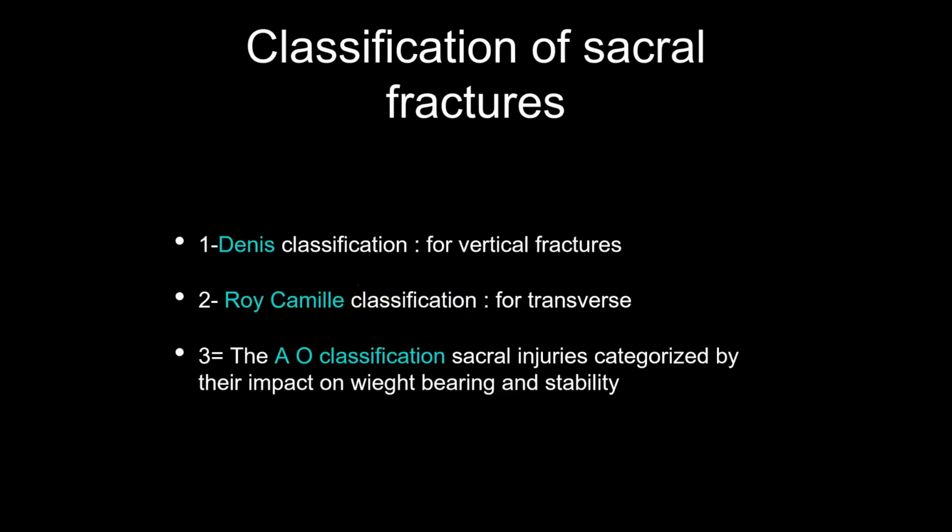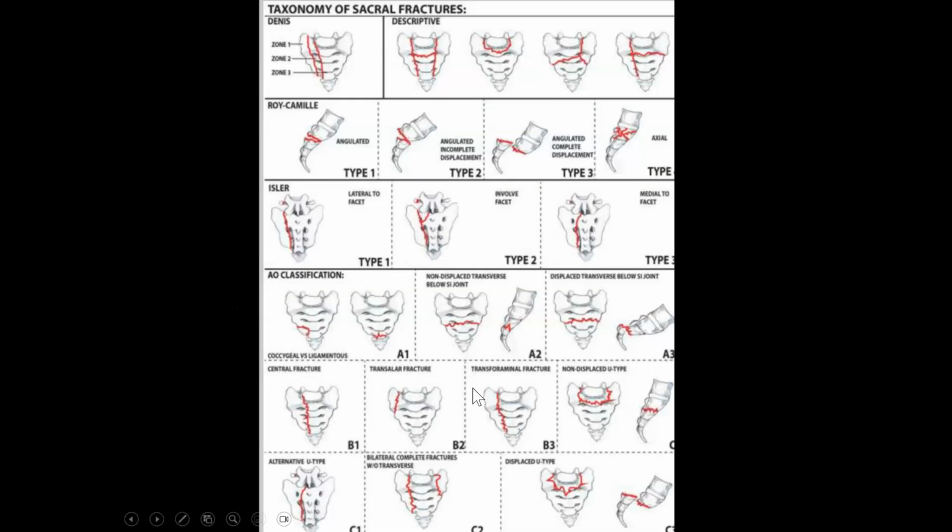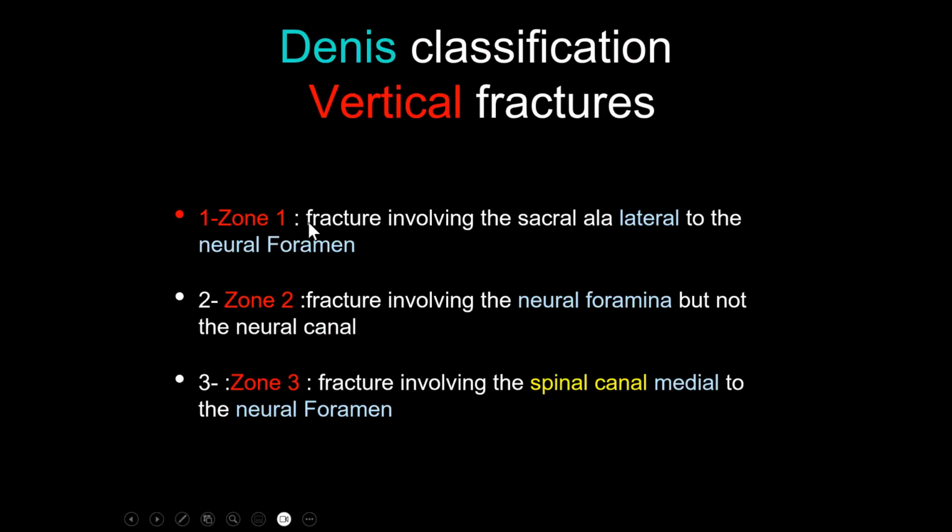And the AO classification, which is present in all parts of spinal injuries, and it is characterized by its impact on weight bearing and stability, as we'll see. So these are all the classifications: Dennis, Roy-Camille, AO, and there is the Isler classification, many classifications.